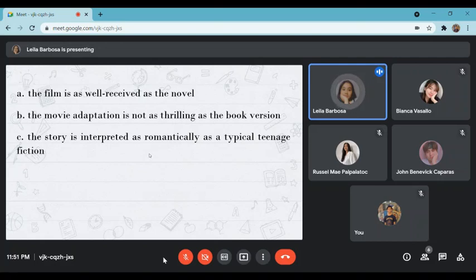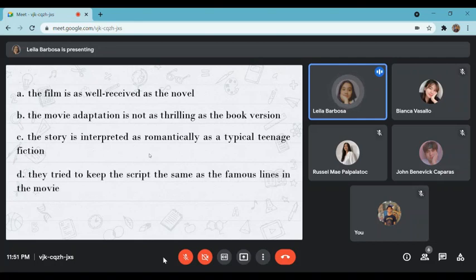And who would like to give another? Yes, Russell. They tried to keep the script the same as the famous lines in the movie. So for the fourth one, they tried to keep the script the same as the famous lines in the movie. And the last one, who would like to give the last comparison? Yes, Benedict.